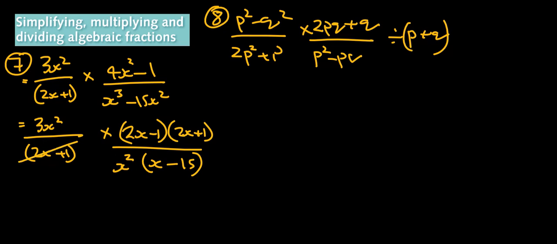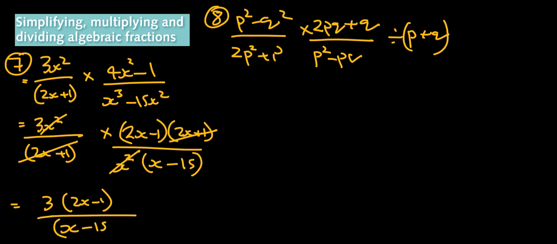So x squared goes, so we are left with 3 to x minus 1 and x minus 15. We'll just leave it like this.